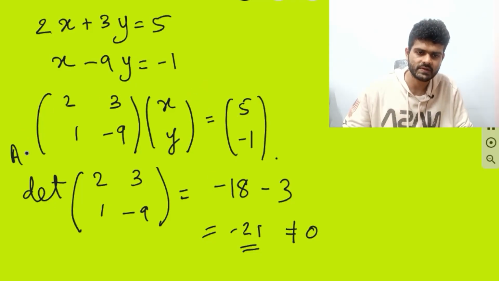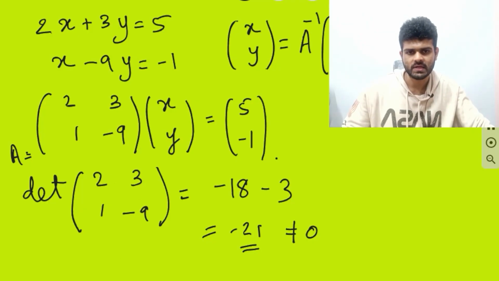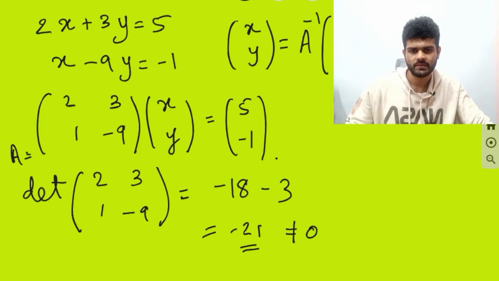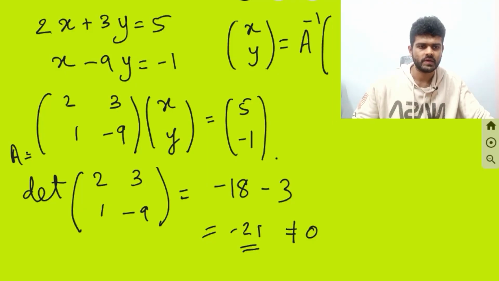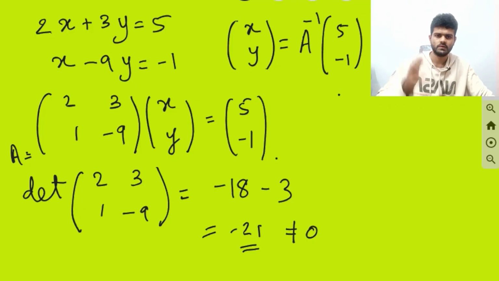This is the matrix A. So the solution x, y is equal to A inverse times 5, minus 1. And that's how you get the solution for the system.